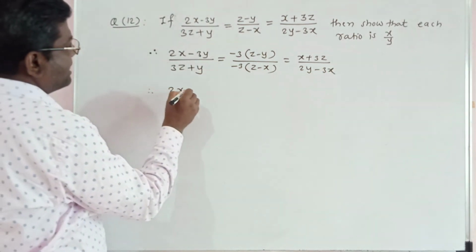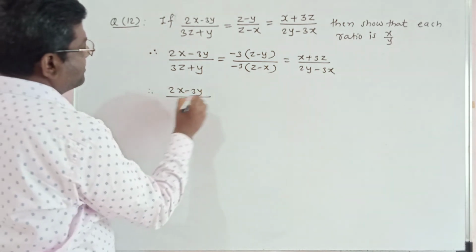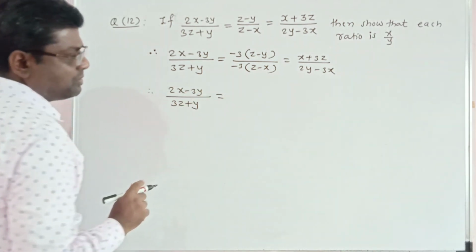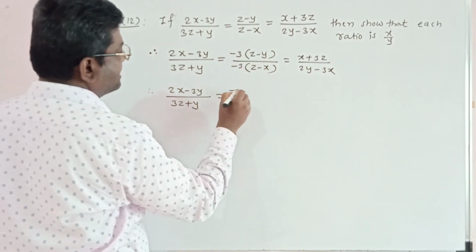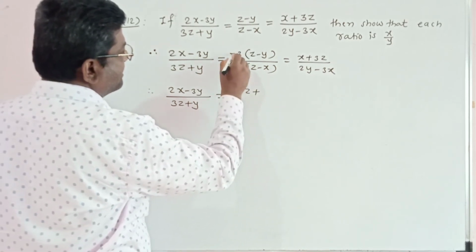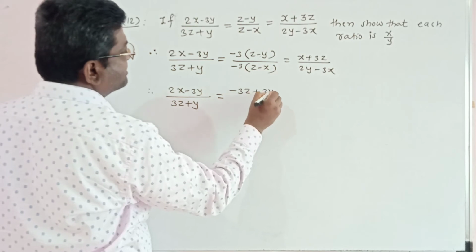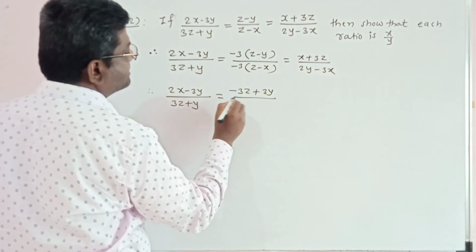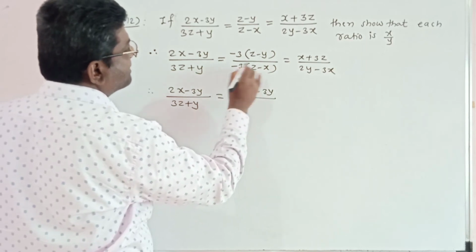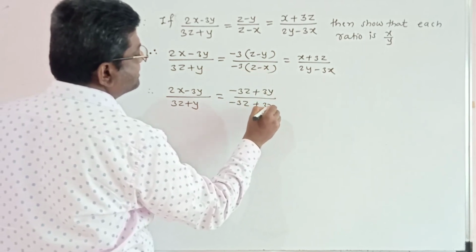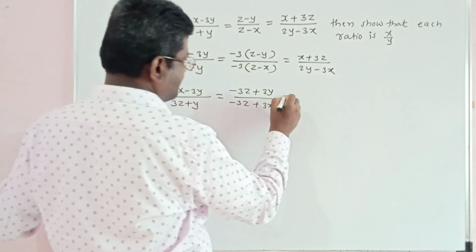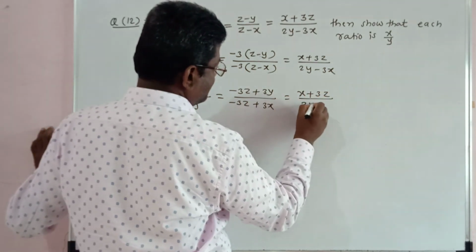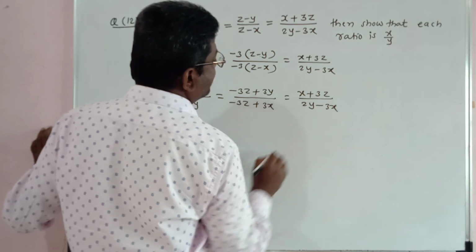Therefore (2x − 3y)/(3z + y) is equal to (−3z + 3y)/(−3z + 3x), the minus minus becoming plus, is equal to (x + 3z)/(2y − 3x).